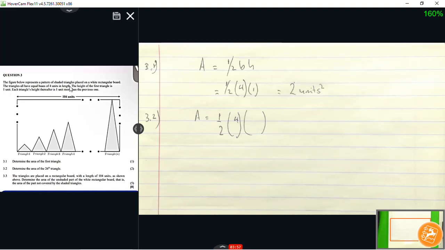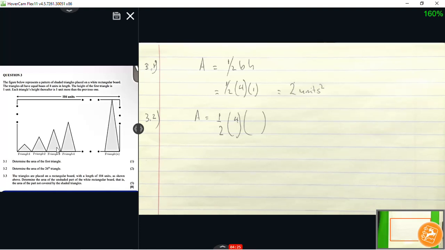So the height of the first triangle is 1 unit. So it's this one. So it's 1 unit there. Then each triangle's height thereafter is 1 unit more than the previous one. No rocket science. If this one was 1, this one is 1 unit more. It means this is 2.